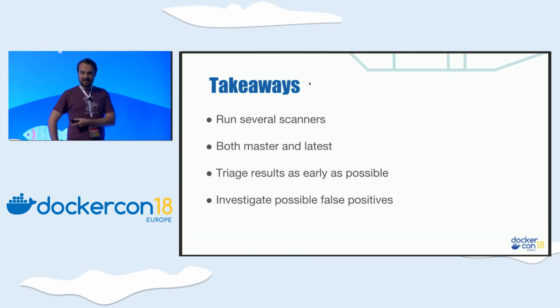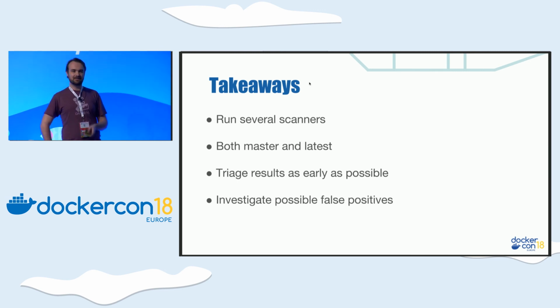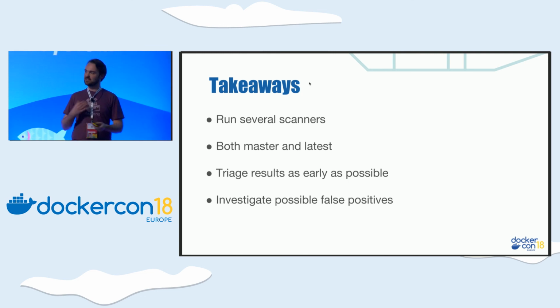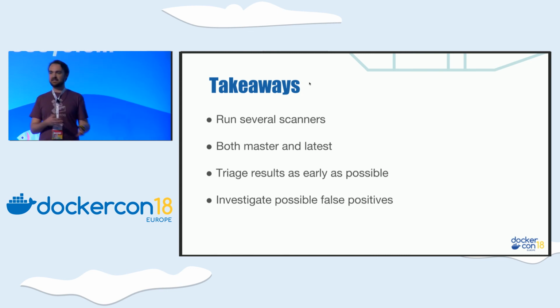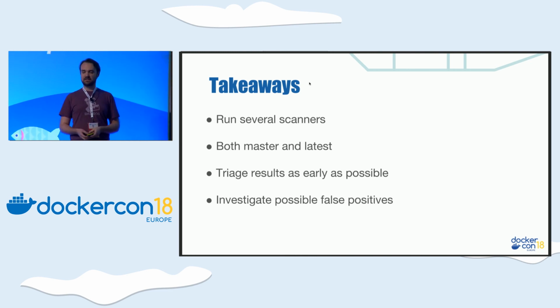Yep. So we ran several scanners, and we do because nobody's perfect. Nobody has the complete perfect database. So having several scanners is going to help you detect things. Scanner A can detect things Scanner B could not detect. So it's good to have more coverage.